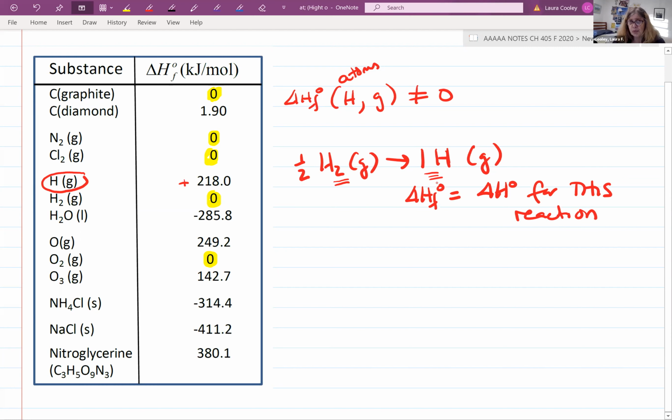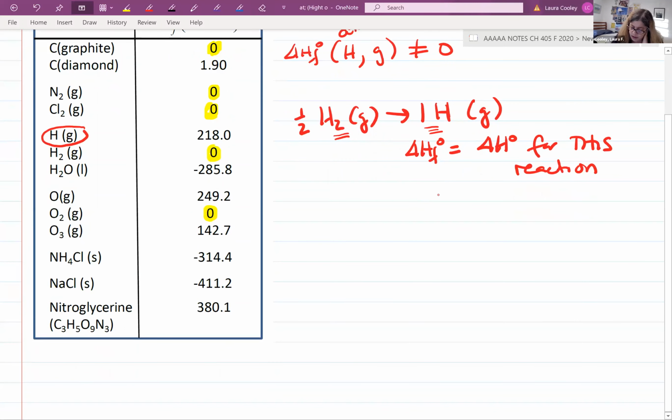If hydrogen atoms were more stable, they would be the element in its stable form, but they're not. The stable form is H2. So this process to form 1 mole is plus 218.0. This requires energy.